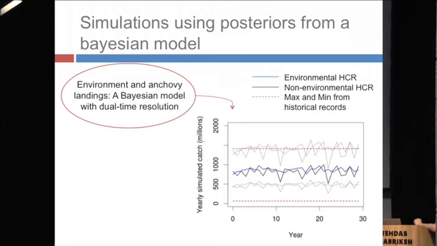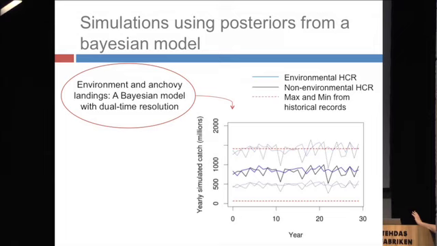Also, the red lines are the maximum and minimum from historical records. So you can see that simulations are within the limits, and also that variability in the median with the environmental harvest control rule is less than with the non-environmental harvest control rule.